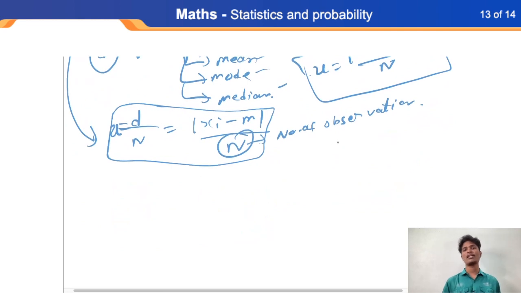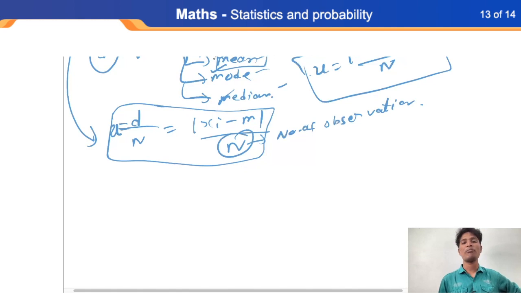They will ask a question like this. They will give some observations, like 6 or 10 observations, and ask you to find the mean deviation. Then what do you have to do? You have to first calculate the mean or mode or median. You can use the mode, median, or mean as m, but they will tell you which to use. Suppose you have to find the deviation according to the mean.